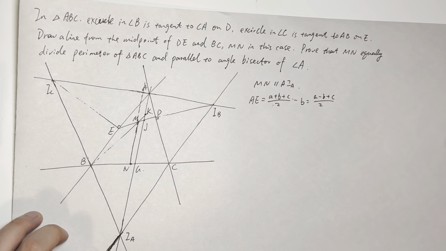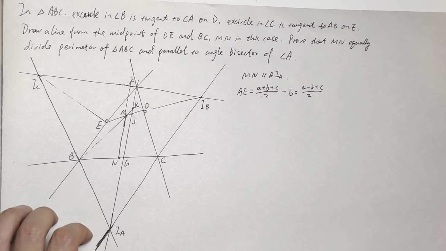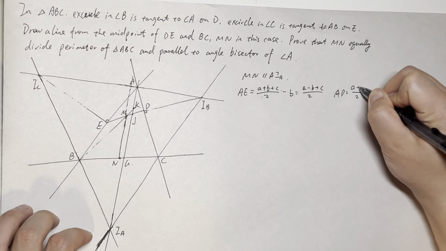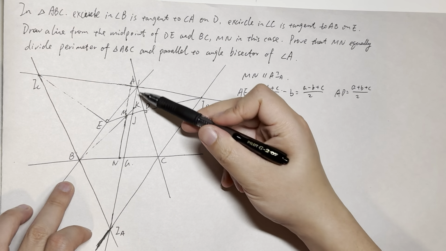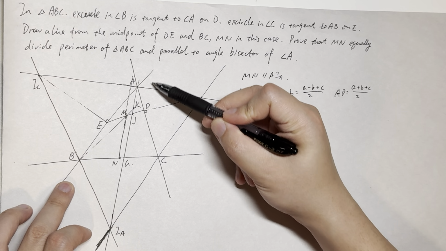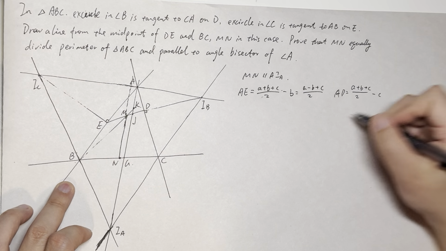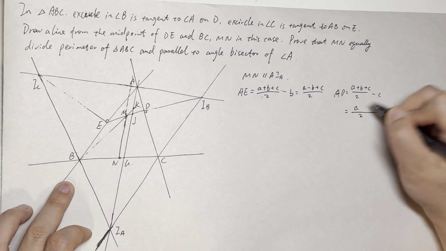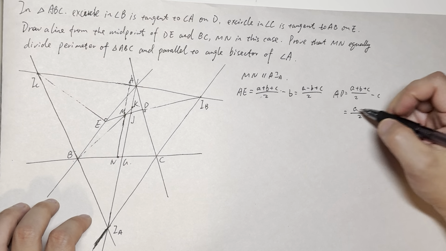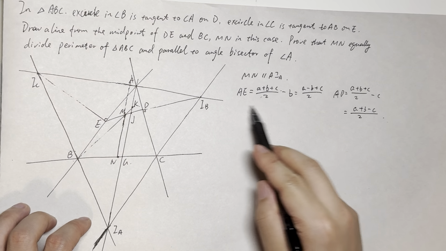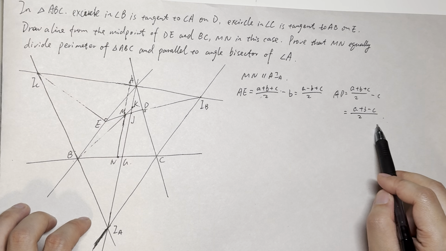And what about AD? AD equals half of A plus B plus C, minus AB, which is C. So it equals A plus B minus C. Okay, we know the length of AE, we know the length of AD.